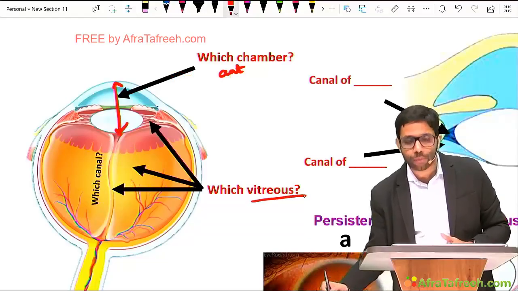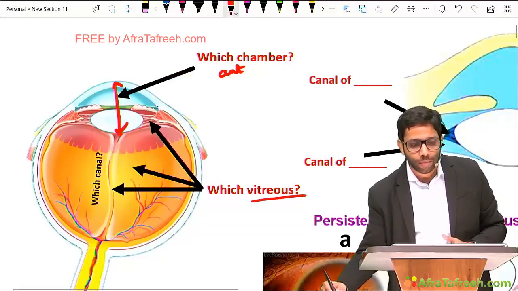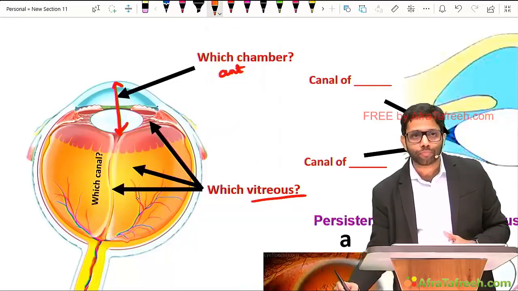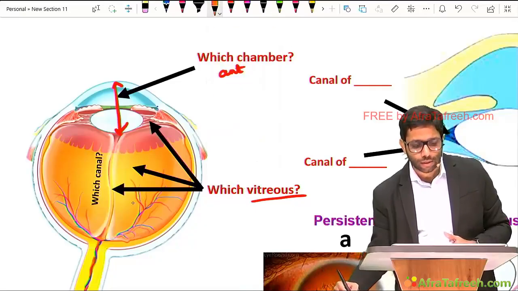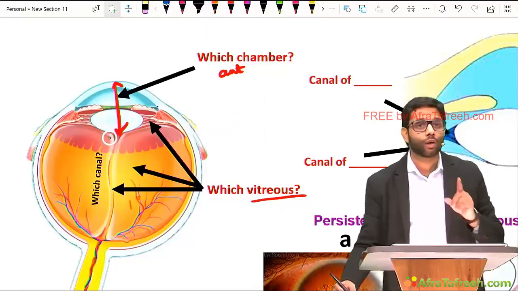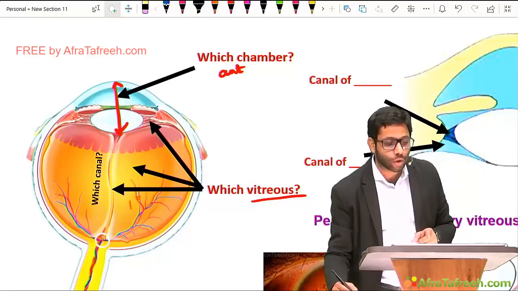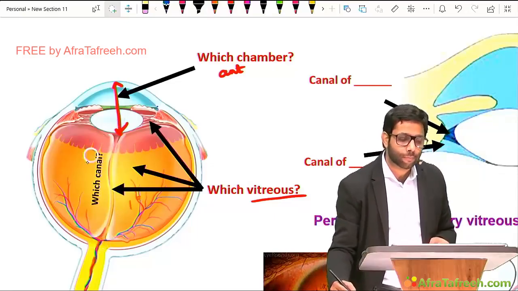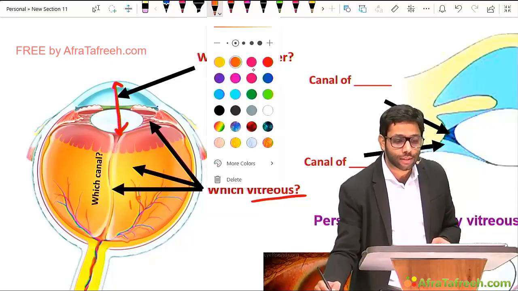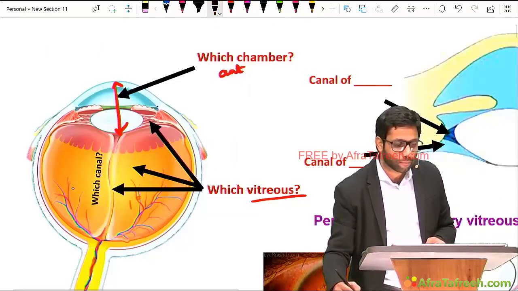Now there are three types of vitreous is the second question. Primary, secondary and tertiary. The primary vitreous is hyaloid vessel. This is the primary vitreous, which is hyaloid vessel. Hyaloid vessel is a blood vessel which is connecting the optic disc to the lens. It is present in a canal. The name of the canal you should know is known as Cloquet's canal.